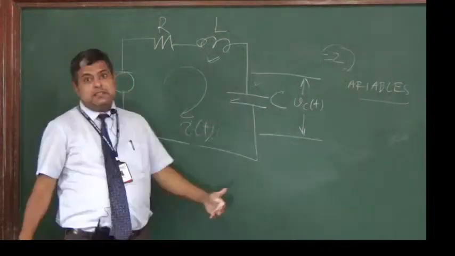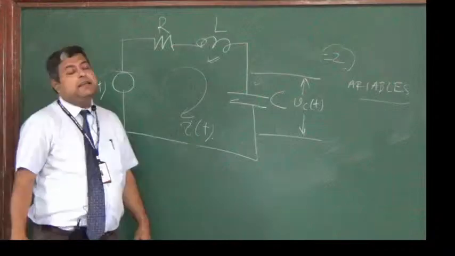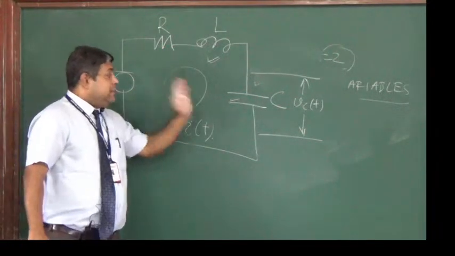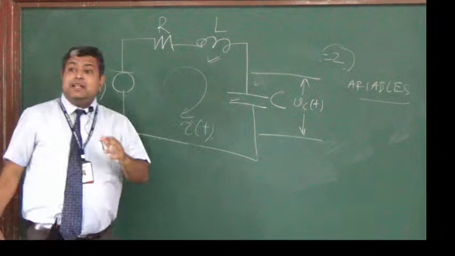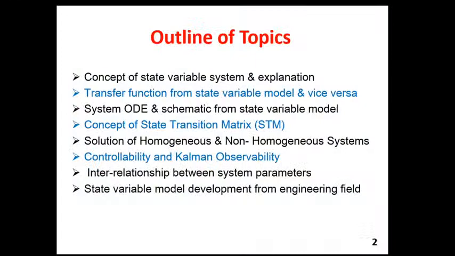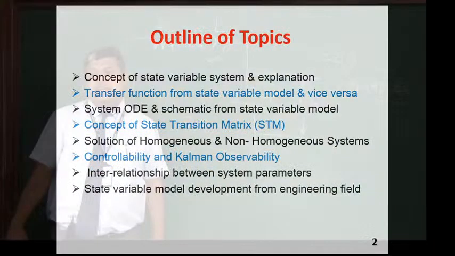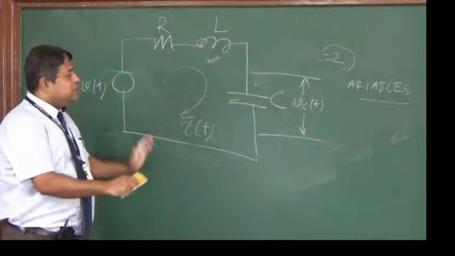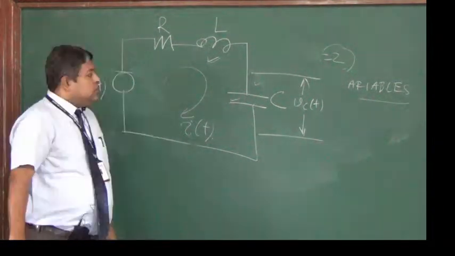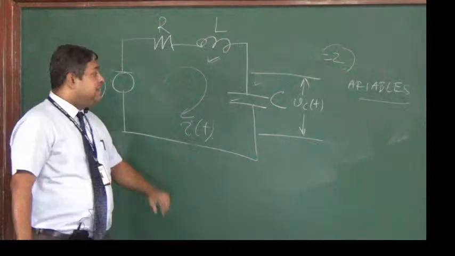What is the other state? Another state can be i(t). This being a series circuit, the inductor, resistor and capacitor are all carrying the same current, which is i(t). So in this case, the 2 states are i(t) and v_C(t).